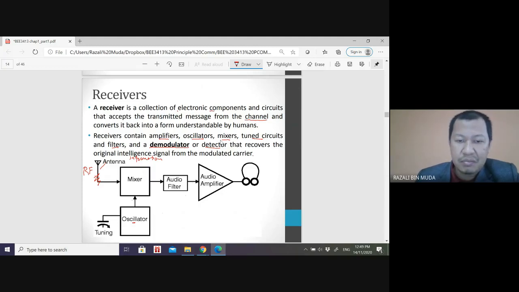Then they go to the audio filter and audio amplifier, and then to the earphone or the speaker, so that you can hear the voice, the information from the transmitter. All these components, antenna, mixer, filter, amplifier, oscillator, and the frequency tuning, are called the receiver part. This is the speaker.